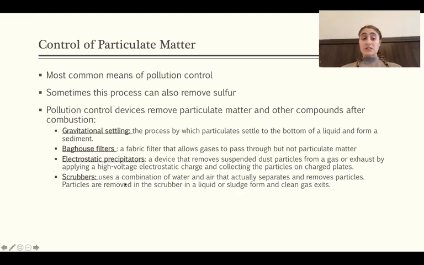And then electrostatic precipitators make use of high voltage electricity. So it basically charges these dust particles, and once they become electrically charged, they are attached to something that has an opposite charge, like a charged metal plate, and they attach to each other. And then once everything has attached to the plate, they can turn the charges off, collect the dust, and dispose of it properly.